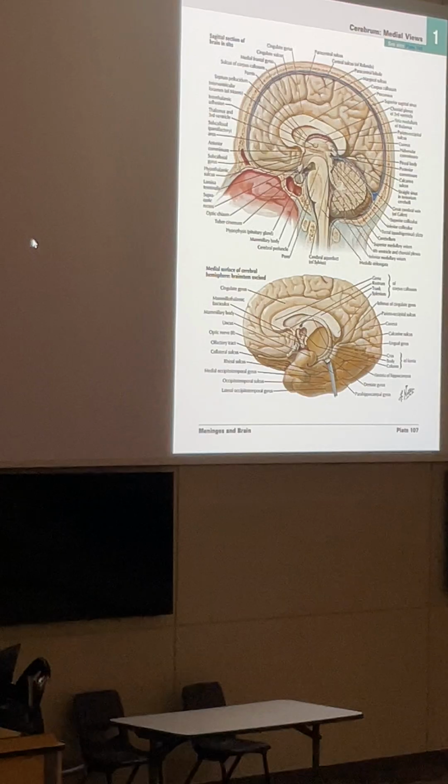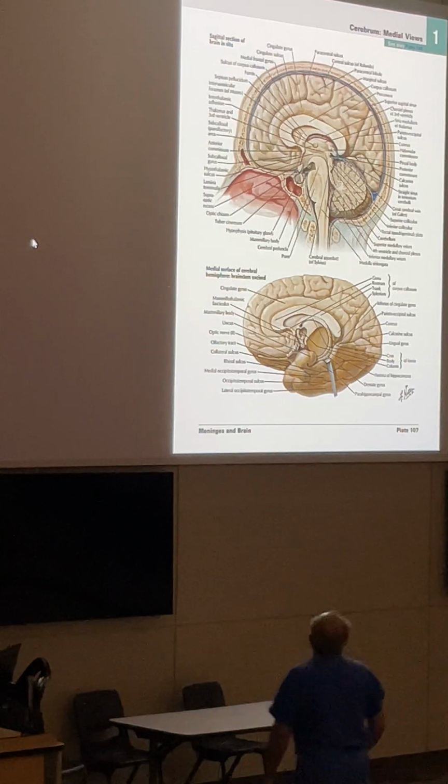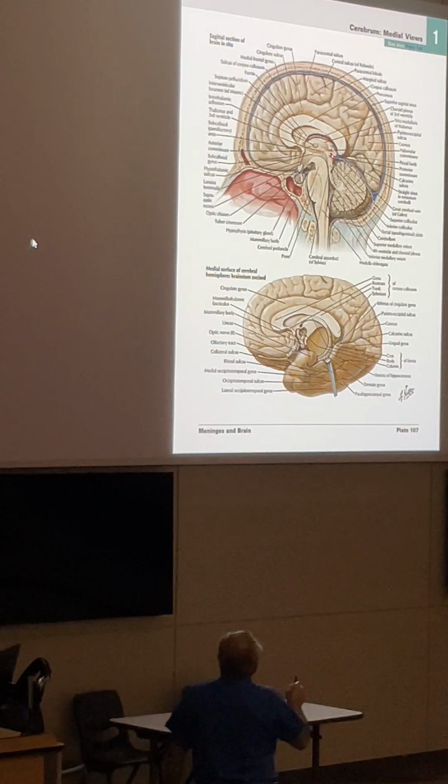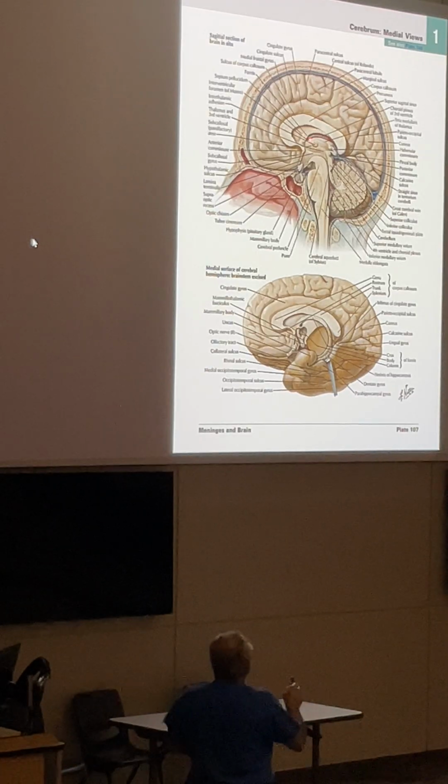So posterior commissure was not a part of the communicating fibers of the cerebral tissue. Position of the mammillary body versus the pituitary gland versus pineal gland. Interthalamic adhesion. Position of the fornix.